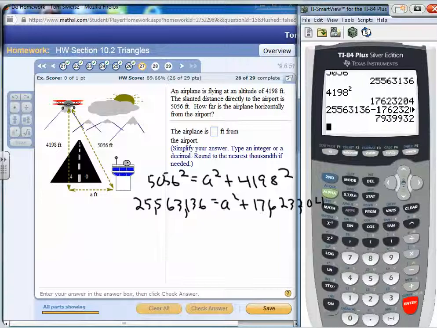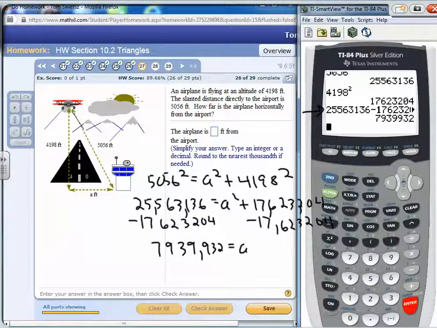So then we're going to subtract the 17 million from both sides. 17,623,204 subtracted from both sides. And then I already did it on the calculator there, and we got 13,245,932 is equal to A squared.